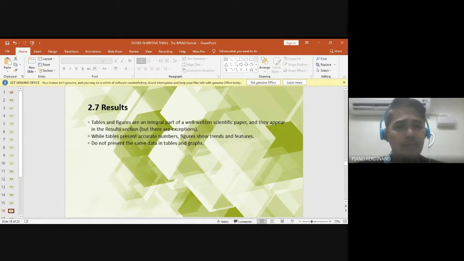Okay po. Now more about the results. Tables and figures are integral part of the well-written scientific paper. Okay? And they appear in the results section, but there are exemptions. While tables present accurate numbers, figures show trends and features. Do not present the same data in the tables and graphs.